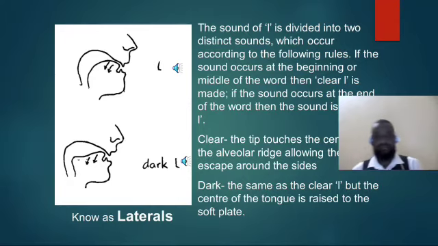A question. For example, little off. The L at the end of little and off at the beginning of the next word. So the L in little would become clear instead of dark.